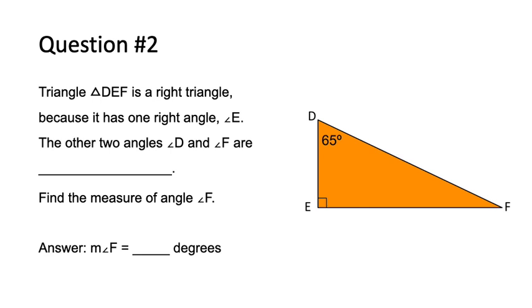Question number 2, we have a right triangle where the measure of angle D is given. Angle E is your right angle, and you have to classify angles D and F as a special angle pair using one of the vocabulary words in this lesson, and then find the measure of angle F in degrees.